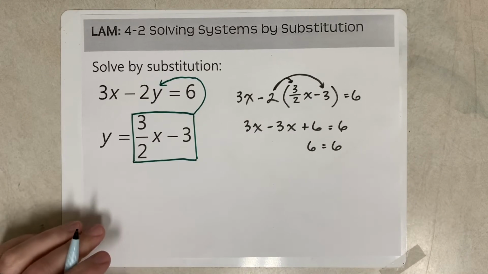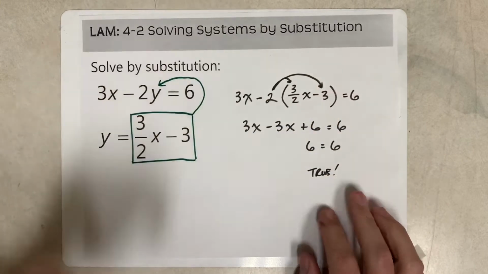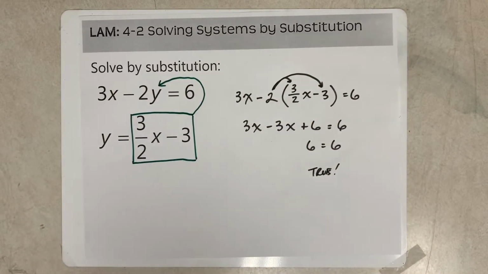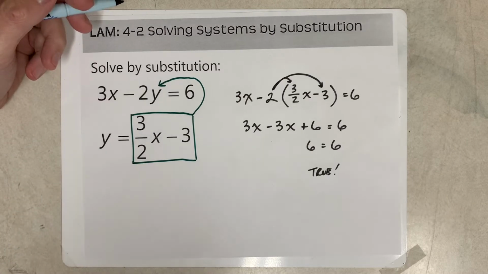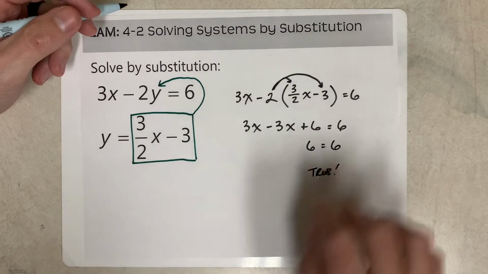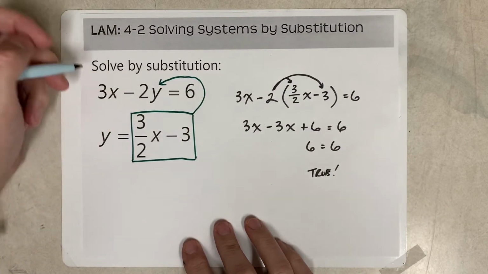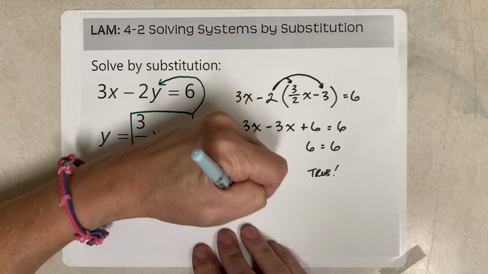So the variables canceled and left a true statement. What that means is these two lines are actually the same line. And so since the two lines are the same, the variables canceled and it left a true statement. So your final answer for this one, since both lines are the same, is going to be infinitely many solutions.